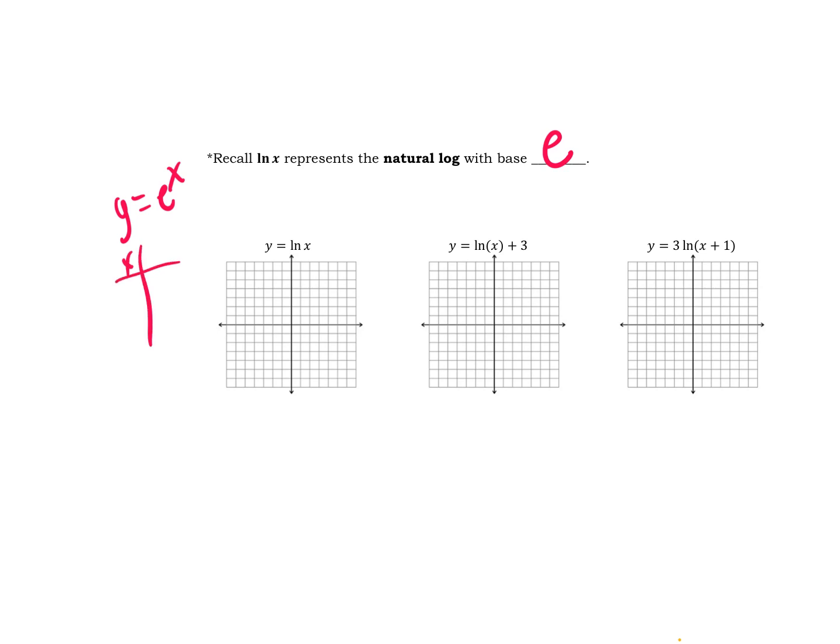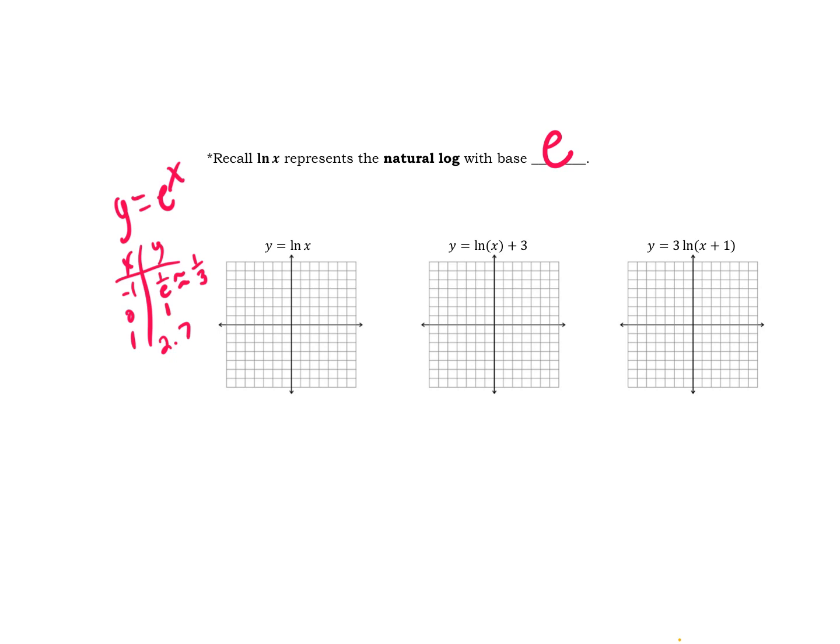And I'm hoping that you're seeing the repetition with this and can remember this part of it. That means we have 1 over e, which we're going to think of as approximately a third. And then e to the 0 is 1, and then e, which we know is, if you want to just put a 2.7 there for convenience, that's fine.